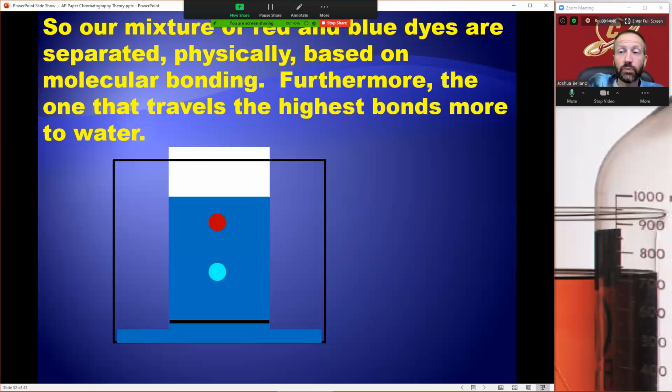It will always be some form of bonding, but it doesn't have to be hydrogen bonding, okay? But we know the one at the top bonds best with the movable phase. The one at the bottom bonds best with the stationary phase. And that should make sense. The one that moved the most bonded better with the movable phase. The one that stayed more stationary bonded better with the stationary phase. I don't know how else I can say this to make you make these connections. That's the way it works.